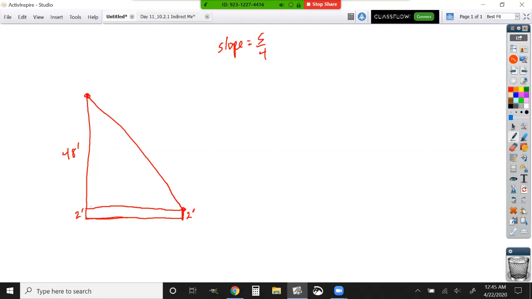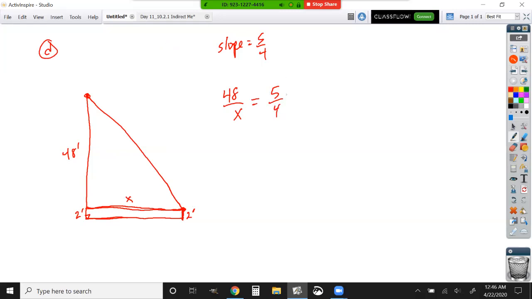I want the slope of this line, and this is my unknown because they asked how far back he has to stand, so we'll call this x. So 48 over x, remember this is part D, has to equal 5/4.